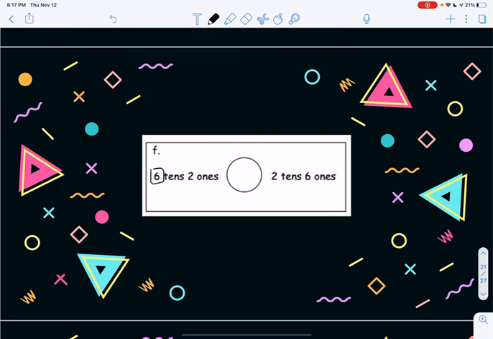Look, 6 tens is greater than 2 tens. 2 ones is less than 6 ones, but that's okay because we're focusing on that 6 tens has more value than 2 tens. Because 6 tens makes 60 plus 2 ones, which is 62. And over here, 2 tens makes 20 plus 6 ones is 26. So this one is bigger, greater than. 6 tens and 2 ones is greater than 2 tens and 6 ones.